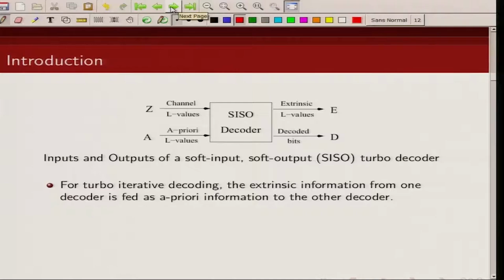So before we study the convergence analysis, convergence of turbo code, let us pay a close attention to the basic block diagram of our turbo decoder.